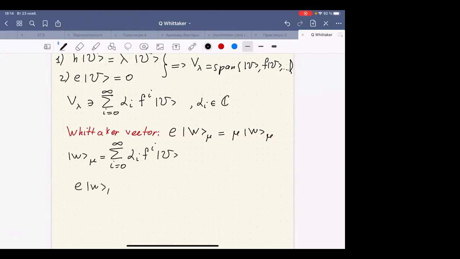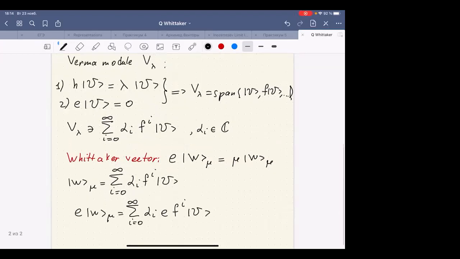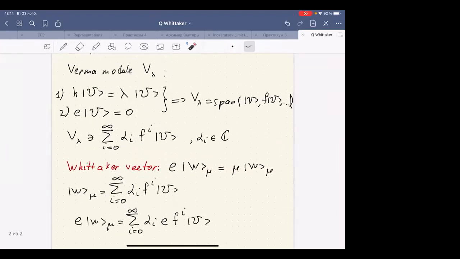I act on the Whittaker vector with E. Then I have E and F in some power.